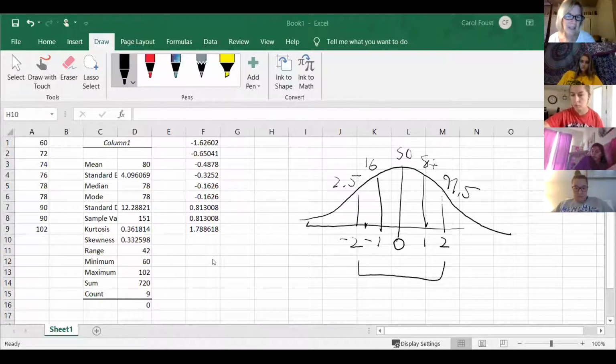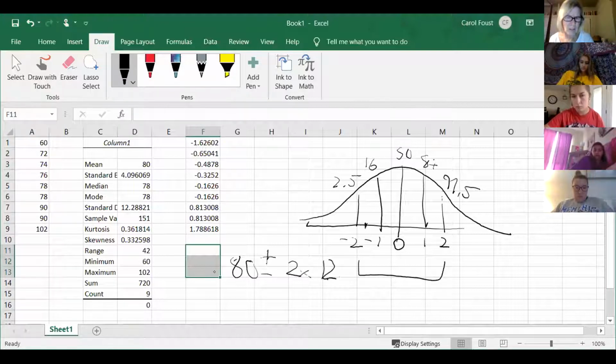You would take the mean, which was 80, plus or minus 2 times the standard deviation, which was 12.3. So we would have taken 80 minus 12.3 minus 12.3 for the 2 standard deviations.